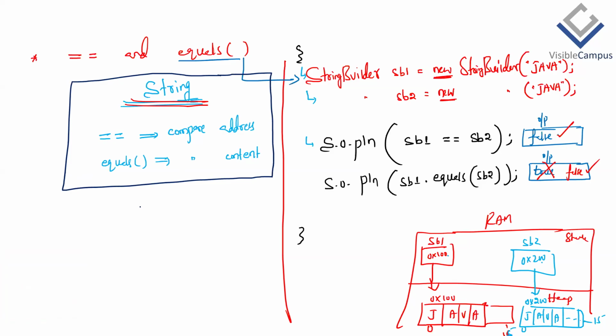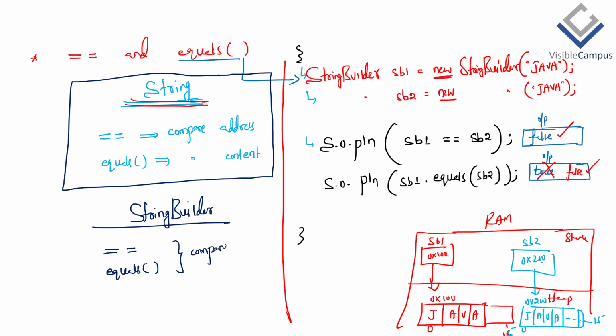And when it comes to StringBuilder, the reason is, when it comes to the double equals operator or the equals method, both will compare address only.